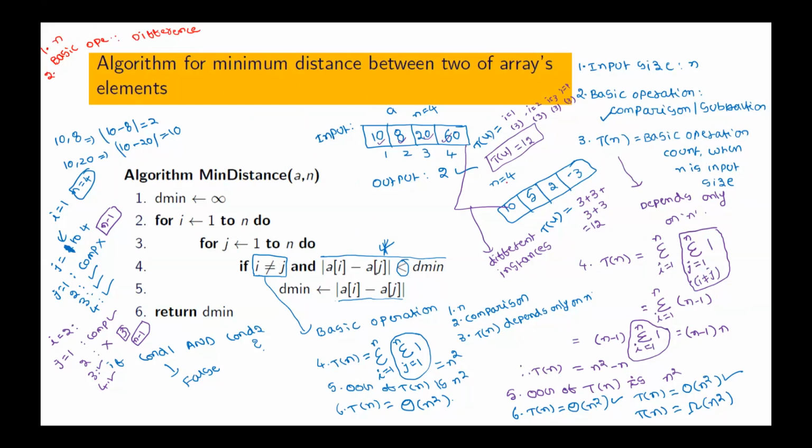So we are discussing step 5, right? Yes. We have considered this step 5 operation as our basic operation. Now we are checking what is the running time, what is the operation count. In this case, what is the input size?